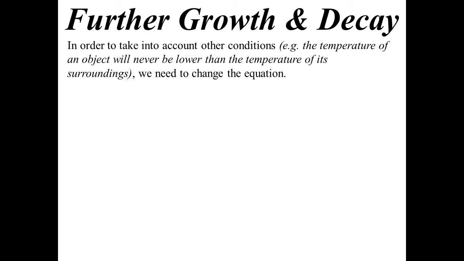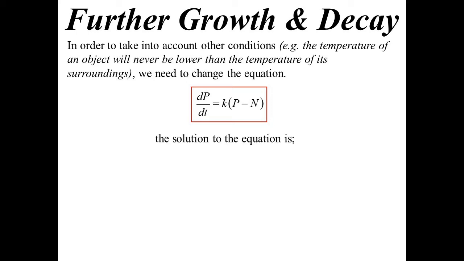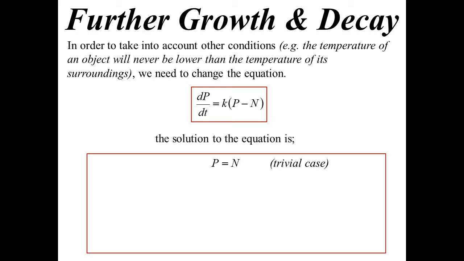So we need to change our equation to take that into account, and it's a simple little fix. Instead of saying that our rate of change is proportional to the population itself, we make an adjustment and we just say P minus N. Now, when we solve this one, we could have the possibility that P is equal to N. That's what we call the trivial case, because N is just a constant, so if you differentiate N, what do you get?